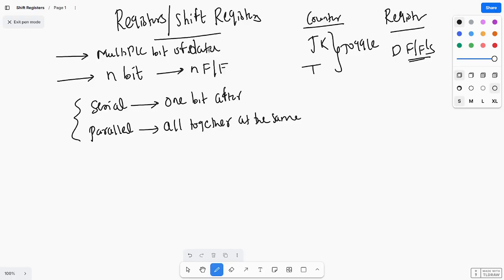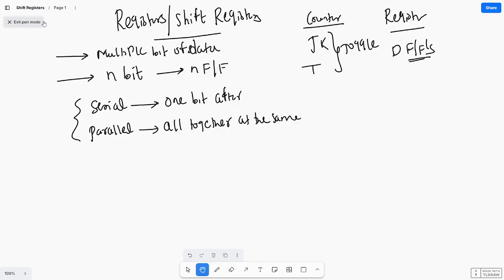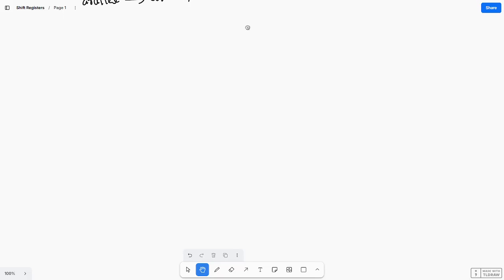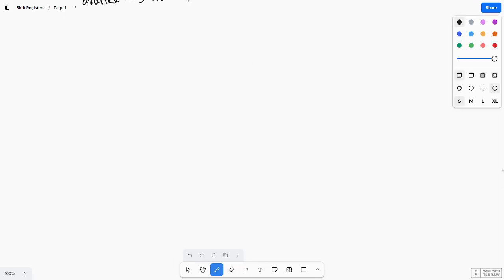If you see the shift operation, there are four types of shift registers.